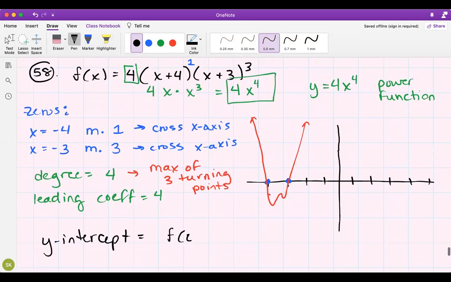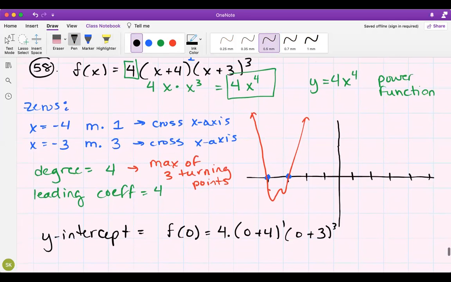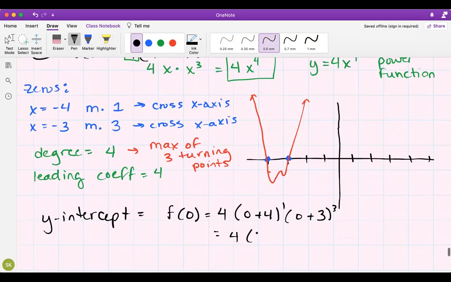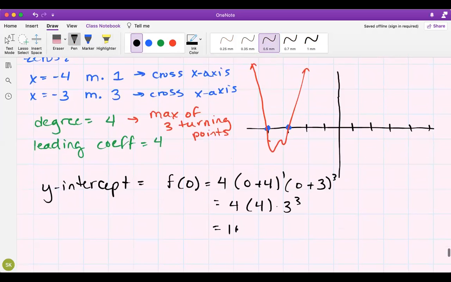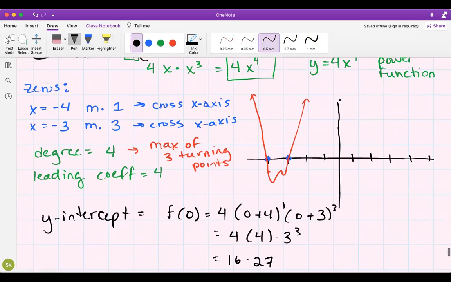That means you plug in 0 for x, and if you do that, you'll get 4 times 0 plus 4 to the first times 0 plus 3 cubed, and we'll get 4 times 3 cubed, which is really big. It's 16 times 27. So this is going to be way up here.